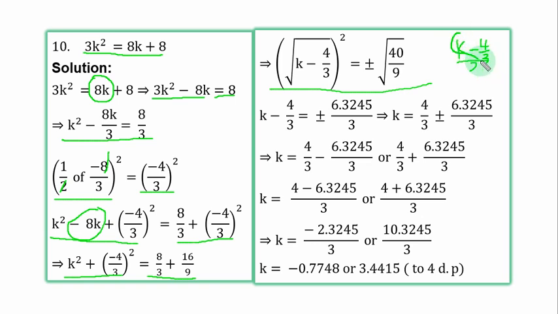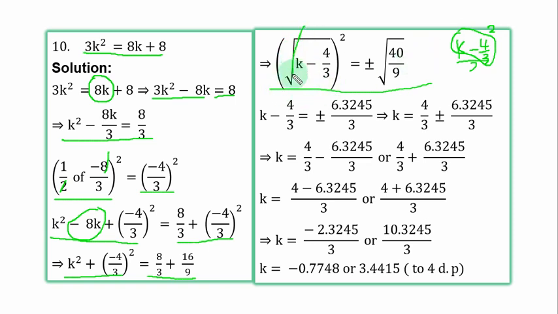This is what you should have. Then you square it, you combine the square. Then if you add the right hand side after simplification, you have 40/9. You also take the square root. That is the step you have here.